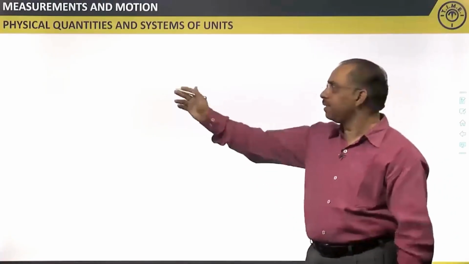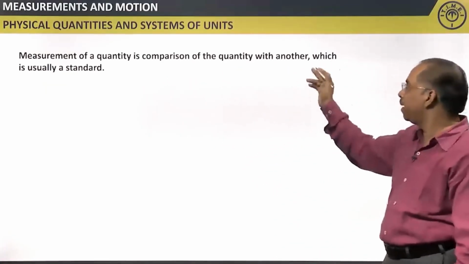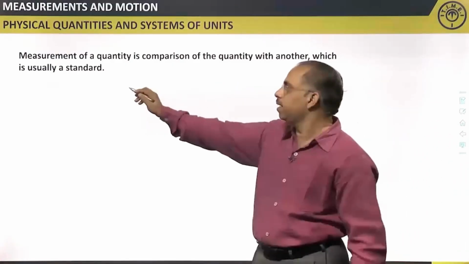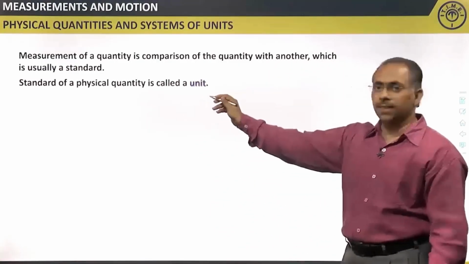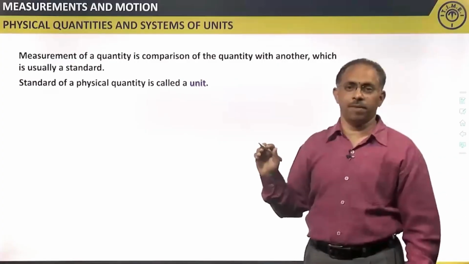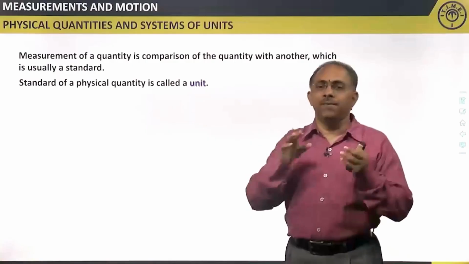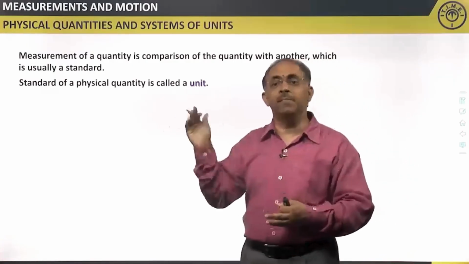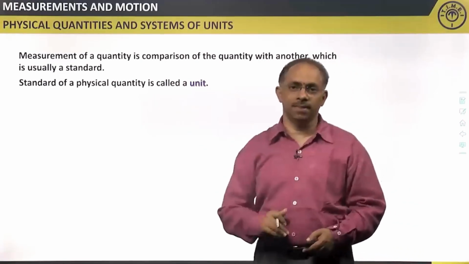So basically, when you say measurement of a physical quantity, we know that it is a comparison with a standard. Now we try to focus on what this particular standard is. Suppose I say the standard is nothing but a unit. Why is it a standard? Because if I want to measure that particular physical quantity, I will measure it in multiples of this unit. That is the reason it is called a standard.